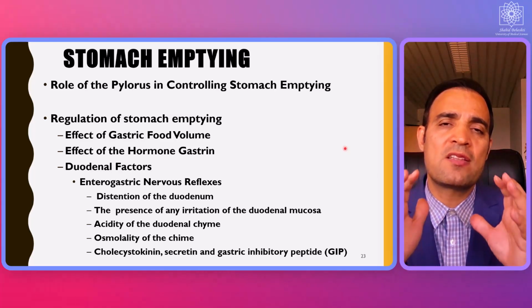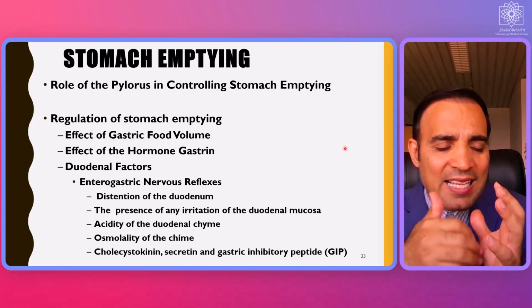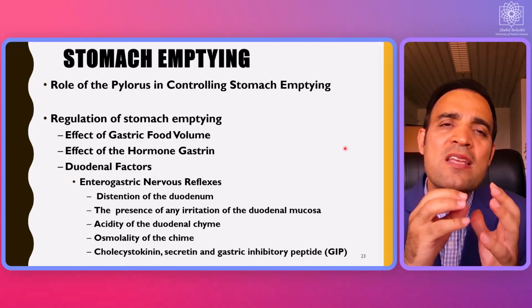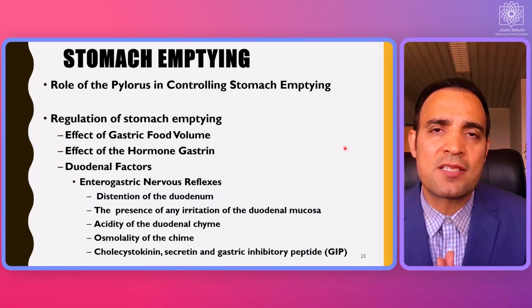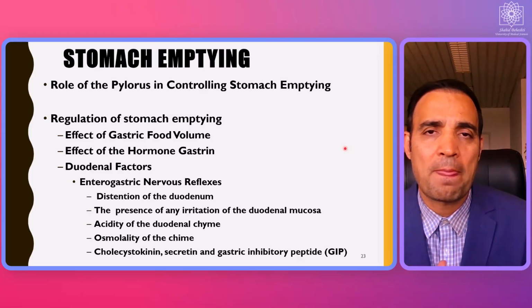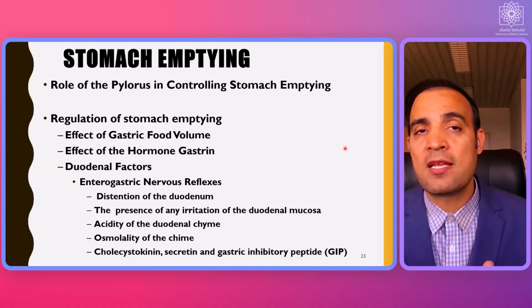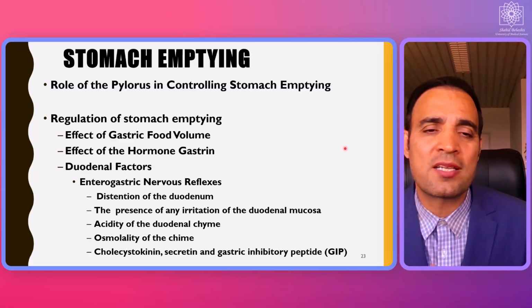For example, when the duodenal space is acidic, this acid environment will stimulate a reflex that inhibits the contraction. And this is again the duodenogastric reflex or enterogastric reflex.